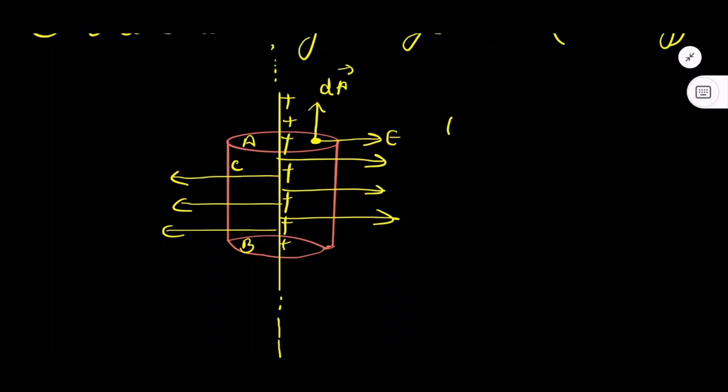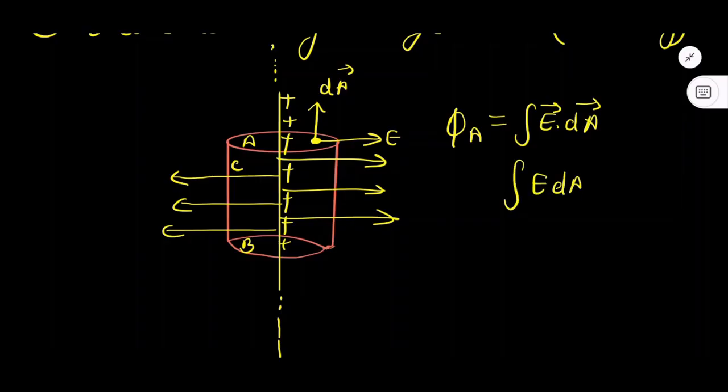Now if I need to find the flux through the A surface, I'll write it as E dot dA, right? Now the angle between the two is 90 degree, so it will be cos 90, which will be equal to 0, and this will be the same for flux due to surface B.